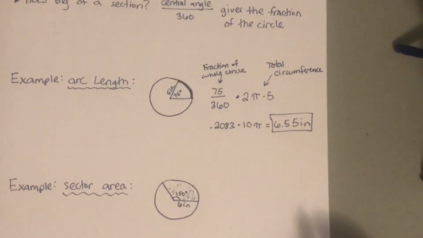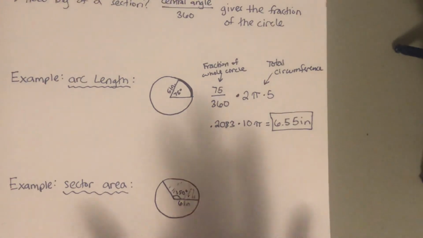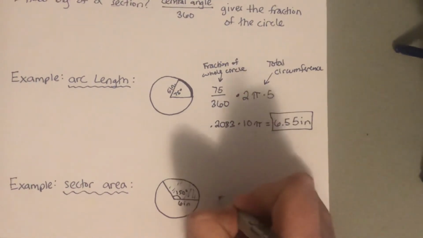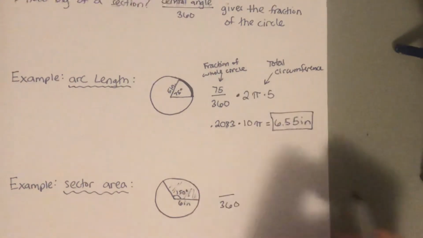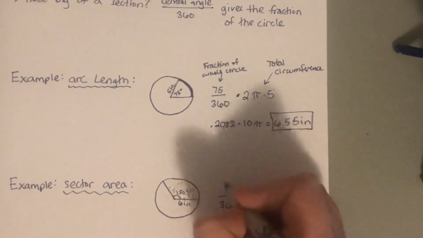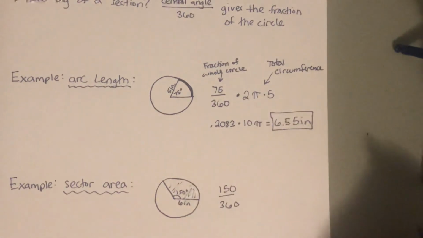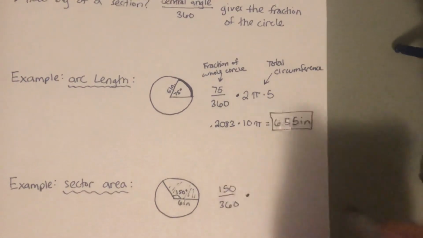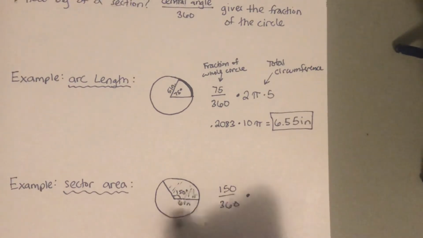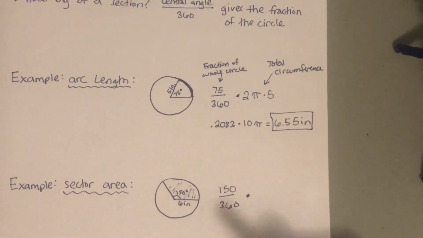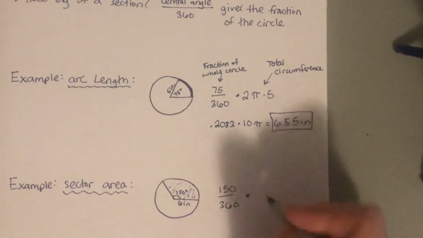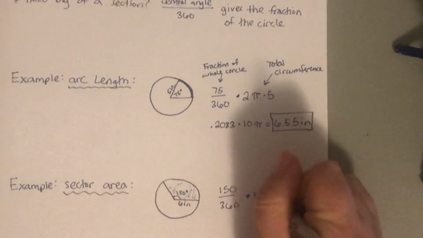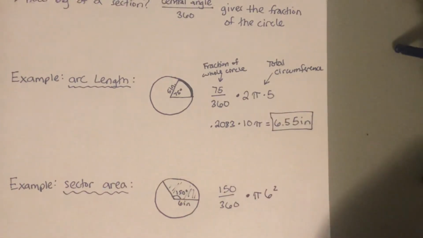We're going to look at the area of the circle that is the sector that we want. The whole circle is 360 degrees, but our sector only goes through 150 of them. So this is the fraction of the whole circle times the area of the entire circle. And the area of a circle is pi r squared. Our radius is 6, squared.